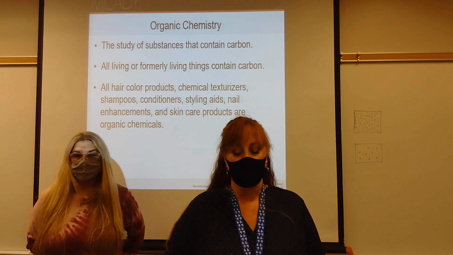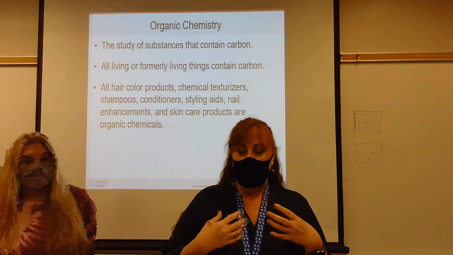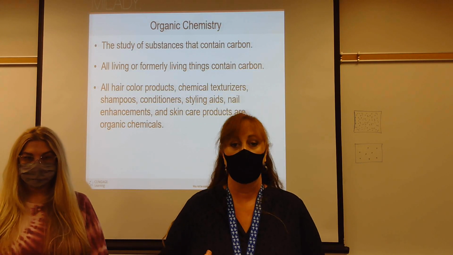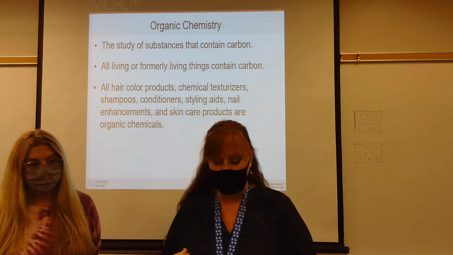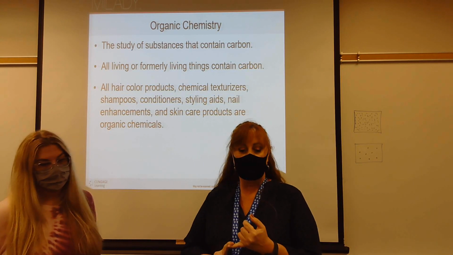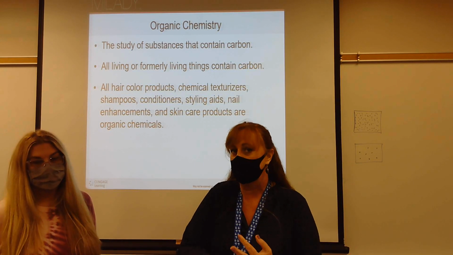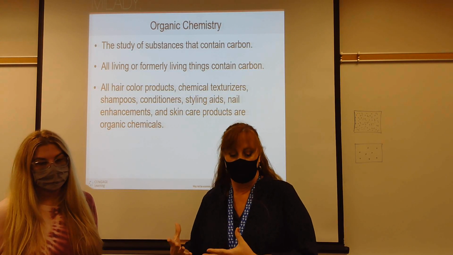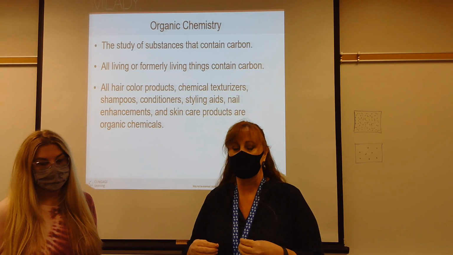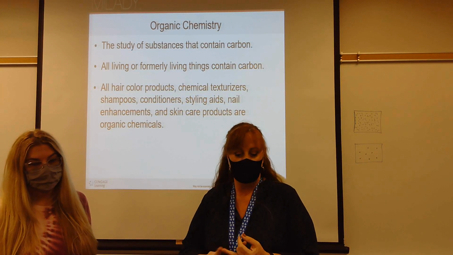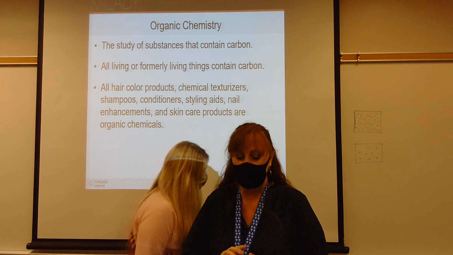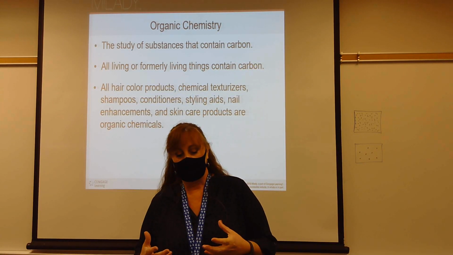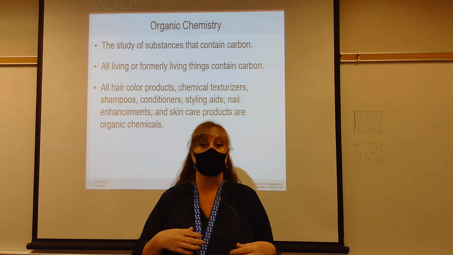But carbon comes from things that are, or once were, alive. So anything that was formerly living or is living contains carbon. That's where we get organic chemistry from. So things we use in the salon, hair colors, texturizers, shampoos, any kind of styling aid, nail products, those are all considered organic chemistry.